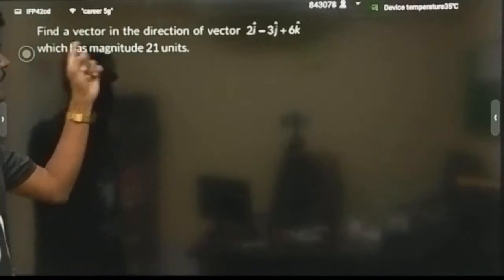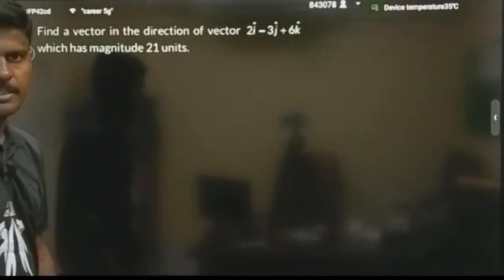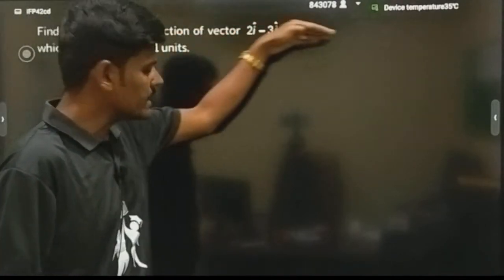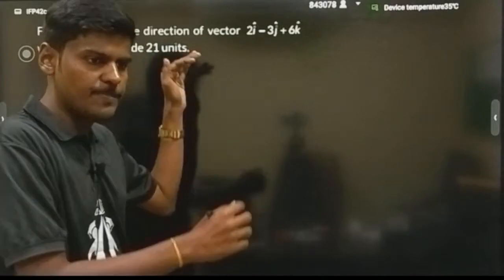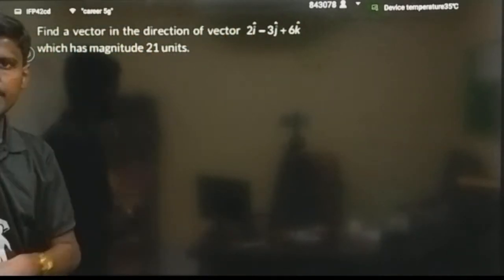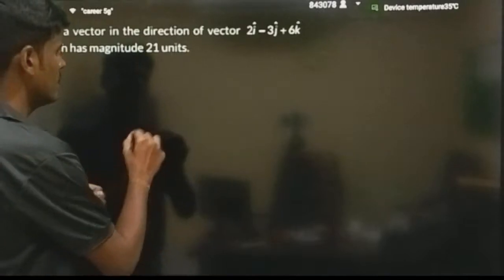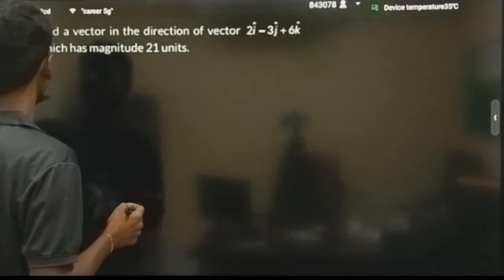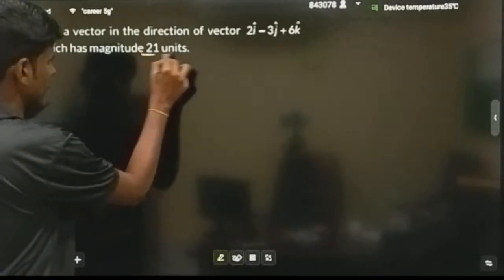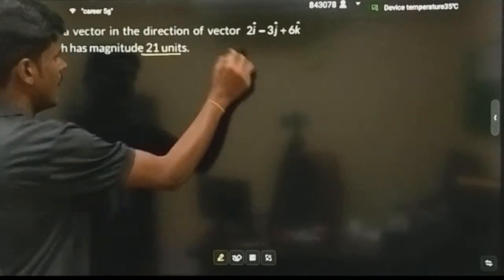Next question. Find a vector in the direction of the given vector. That means the direction remains the same, so the components will also remain the same, which has magnitude 21 units. Now how to find it? They have given magnitude 21 units and the direction of the vector.